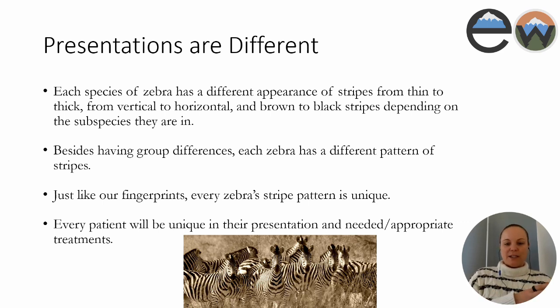Besides the group differences, every particular zebra has a different pattern of stripes, just like every zebra in our dazzle has a different collection of symptoms and diagnoses. Just like our fingerprints, every zebra stripes pattern is unique, just like us. And again, every patient is going to be unique in their presentation and they're going to need that specialized horse and zebra care when appropriate for the condition that they have.